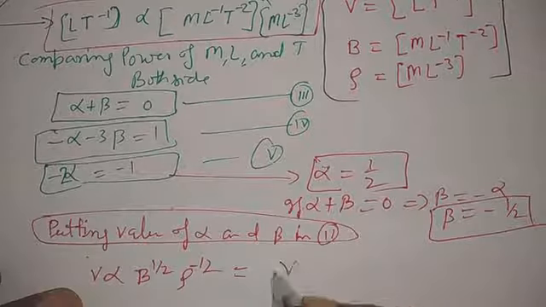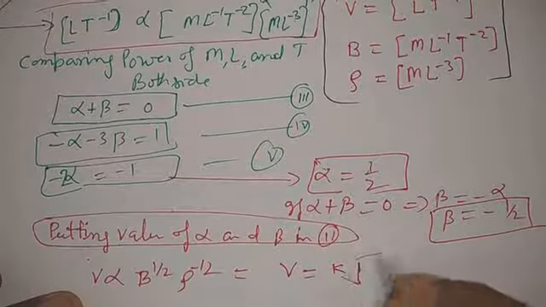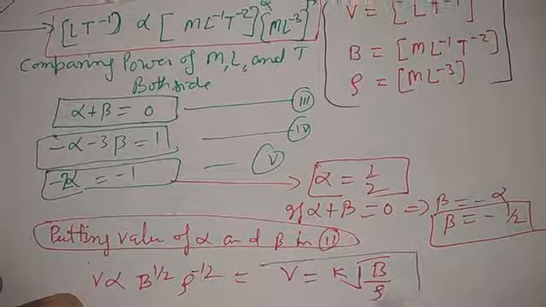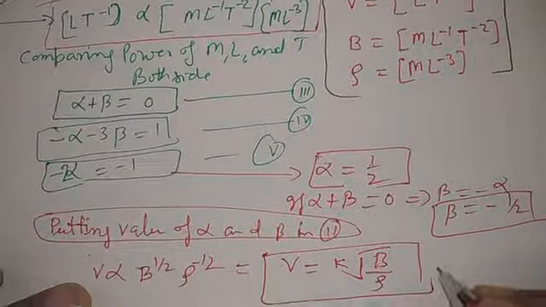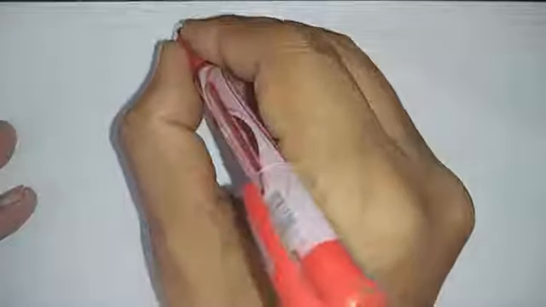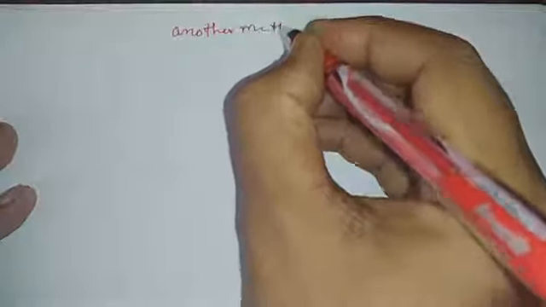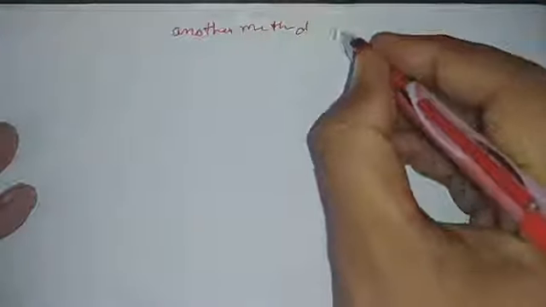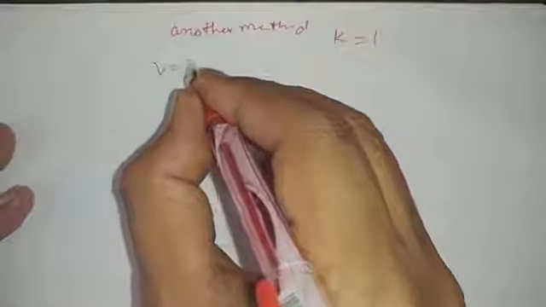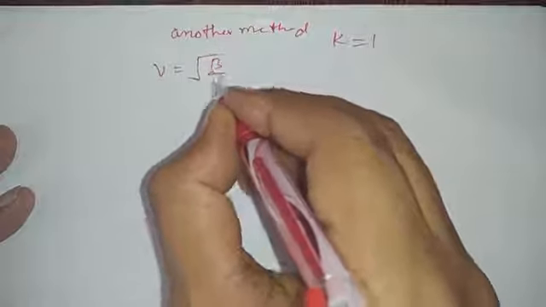This implies that velocity is equal to a constant k times the square root of B by rho, and it is represented by equation number 6. By another method, the value of k comes out to be 1. In that condition, the speed of a longitudinal wave is given by the formula v equals root of B by rho.